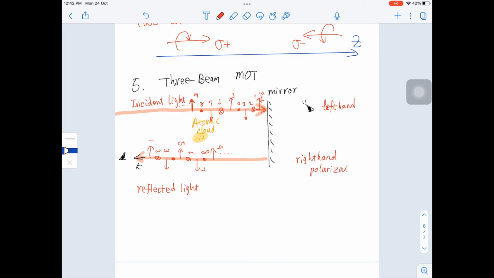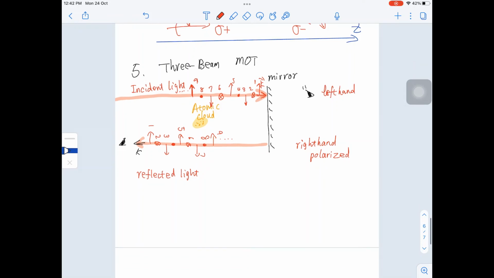Right hand polarized. Now, let's say I'm the atom. The light from incident is left hand.